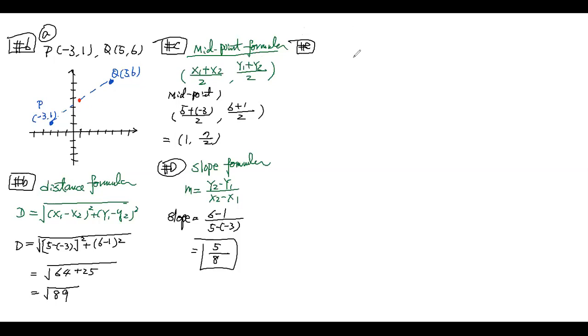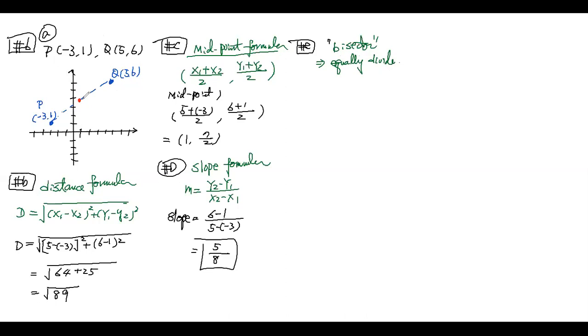One thing here, we need to know what the word bisector means. Bisector means equally divide. So I'm going to find a line that is perpendicular to PQ.